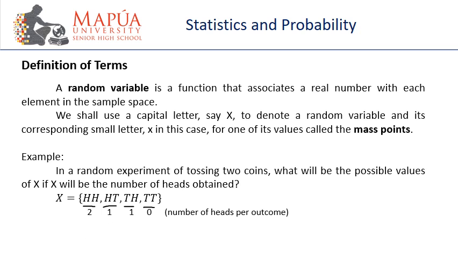Then you will have to count the number of heads per outcome. For the first outcome HH, you have two heads. For the second outcome HT, you have one head. For the third outcome TH, you have one head also. And finally, for the last outcome tail-tail, you have zero head. Therefore, the mass points small x will be 0, 1, and 2.